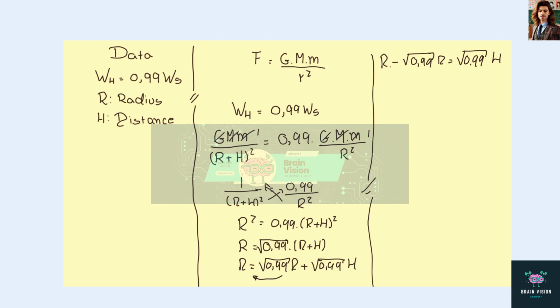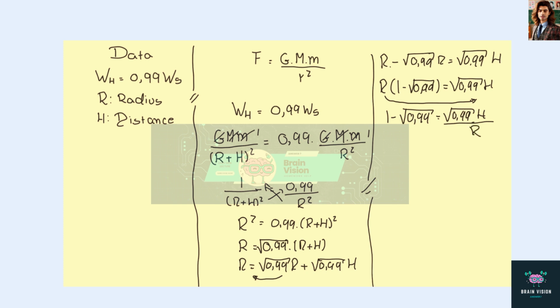Then we can write it as r times (1 minus the square root of 0.99) is equal to the square root of 0.99 times h. Then we can send this r to the other side, dividing, to get 1 minus the square root of 0.99 is equal to the square root of 0.99 times h divided by r.